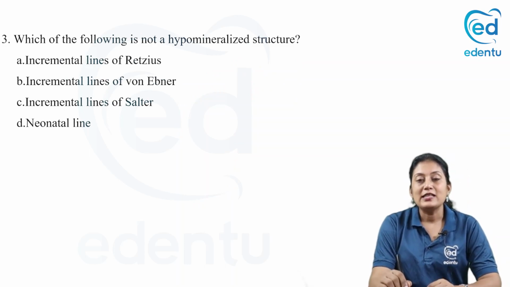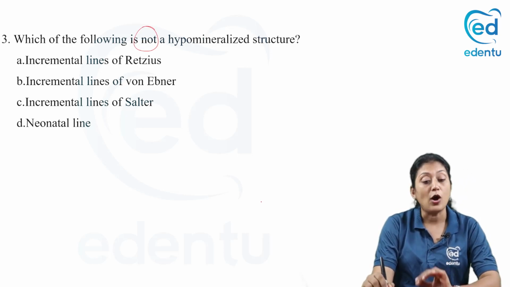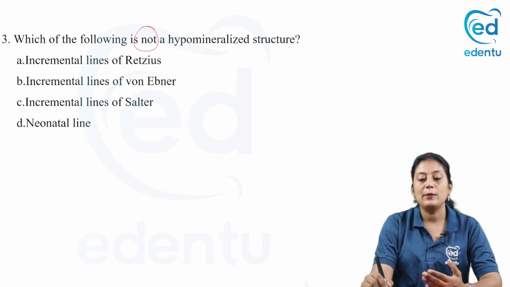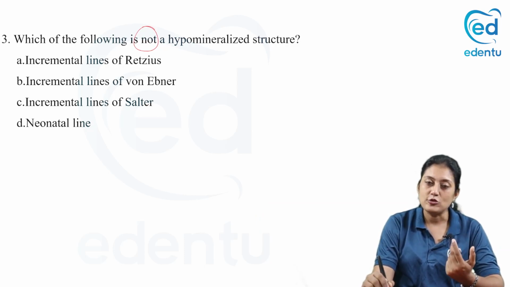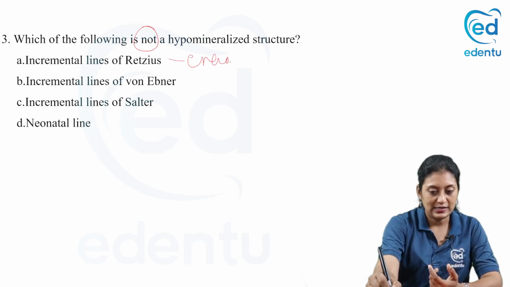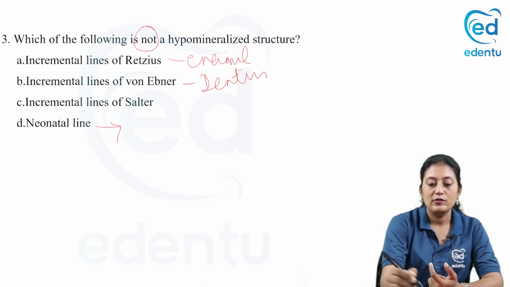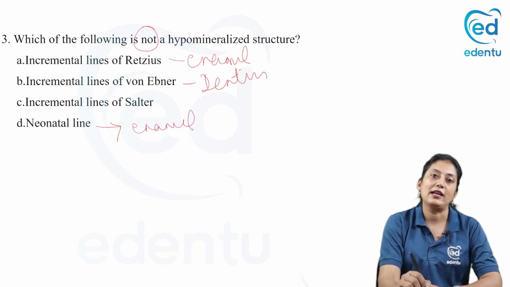Which of the following is not hypomineralized? Read the question carefully. It is not a hypomineralized structure. The incremental lines of Retzius seen in enamel, the incremental lines of von Ebner seen in dentin, and the neonatal line, which is also seen in enamel, are all hypomineralized structures.